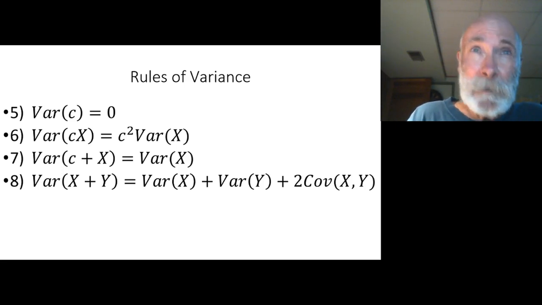Well, it's not simply the sum of the variances as it was with the expectation operator. Instead, it's the variance of x plus the variance of y plus twice the covariance of x and y. So the covariance of x and y is how those two variables covary.